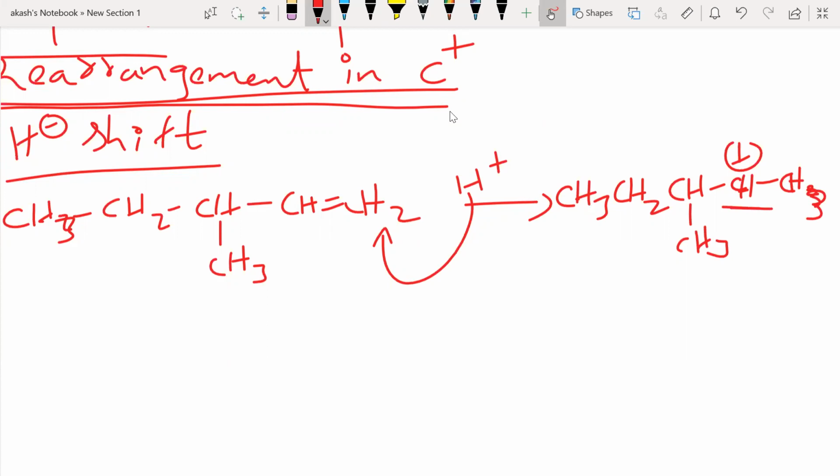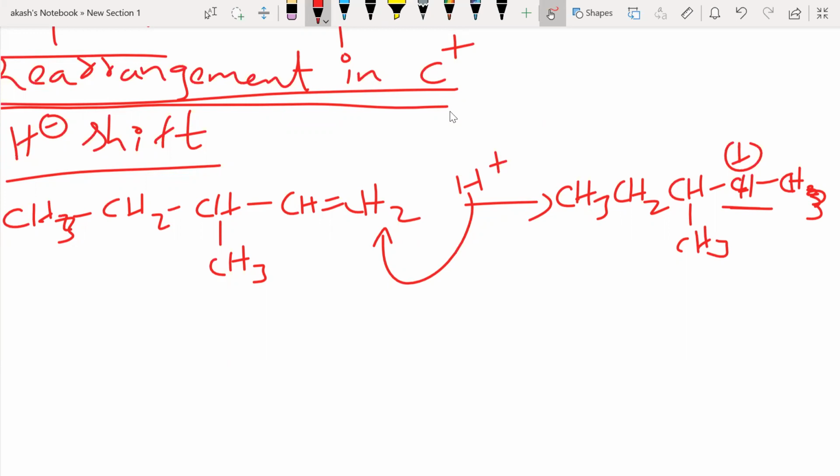Now, what can happen is you can have a hydride shift. Please understand, there are going to be three types of shifts: hydride shifts, alkyl shift, and ring expansion. Whatever you do, you are going to shift the species only from the alpha position.